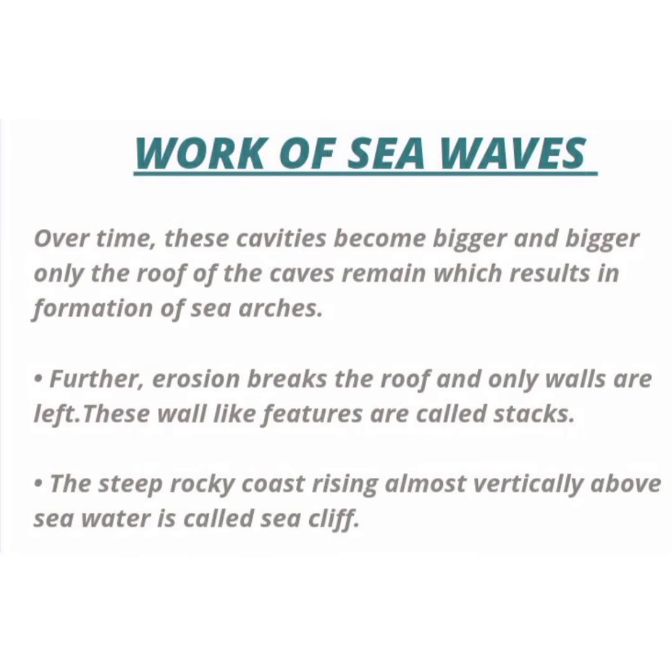Over time, these cavities become bigger and bigger. Only the roof of the cave remains, which results in the formation of a sea arch. Further, erosion breaks the roof and only walls are left, and these wall-like features are called stacks. The steep rocky coast, rising almost vertically above the sea water, is called a sea cliff.